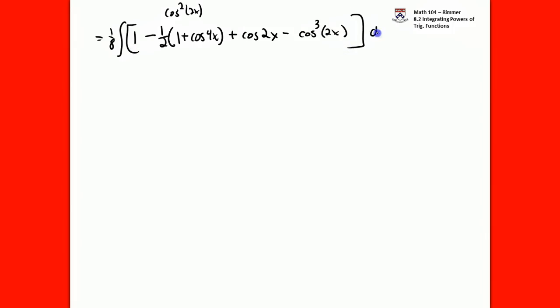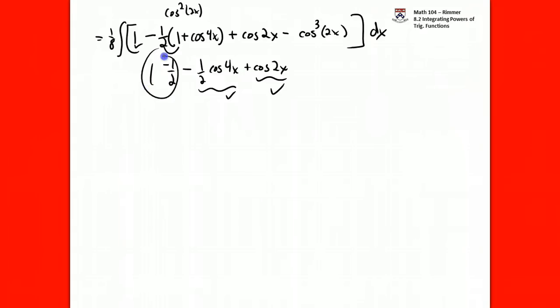Okay. So now what do you like? You like integrating 1. Let's distribute this across. This is minus a half and minus half of the cosine of 4x. You might not know it, but you like integrating that. You'll like integrating this. We said that earlier. 1 minus a half, well, let's just call it a half. You like integrating a half.